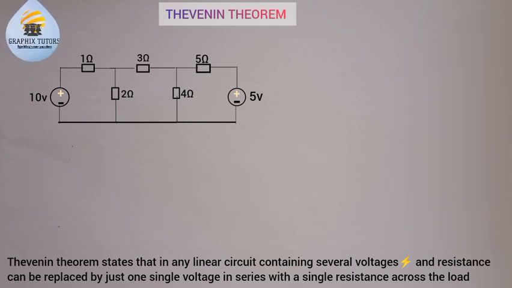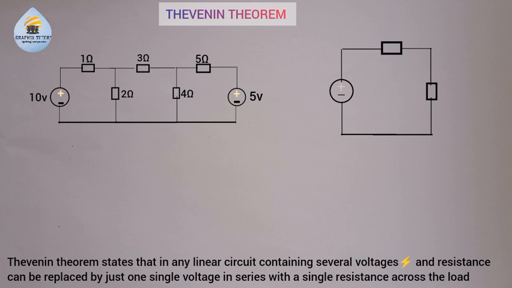What this is trying to tell us is that no matter how complicated your circuit is, you must sum it up to give you a single voltage and a single resistance across a load, in this form.